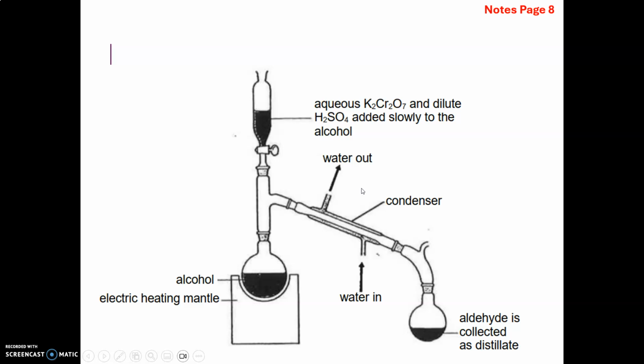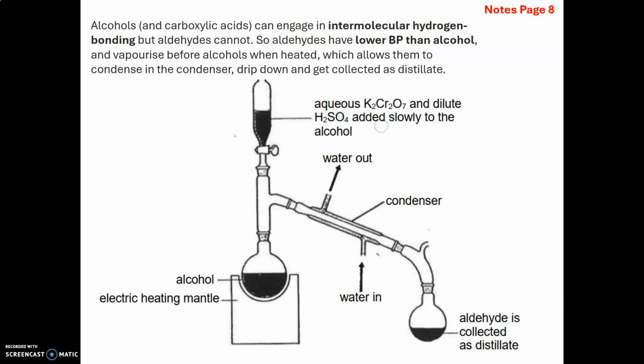Next, you'll see this diagram in your notes, and this diagram shows the setup to obtain the aldehyde by oxidation of the primary alcohol using acidified potassium dichromate(VI). So before we talk about this setup, a bit of background.